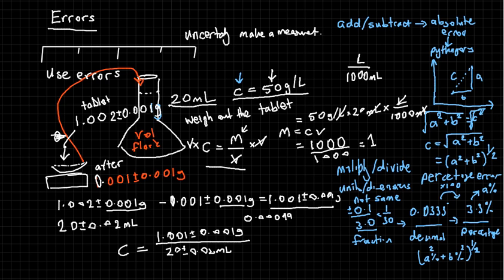So the next thing we have to do is we have to work out the fractions. So if we go 0.001 divided by 1.001, that gives us 0.0009.